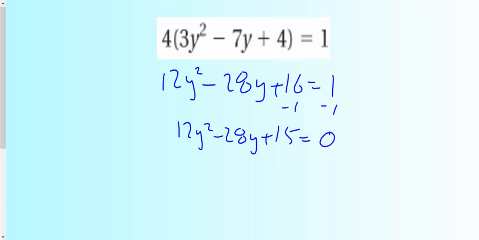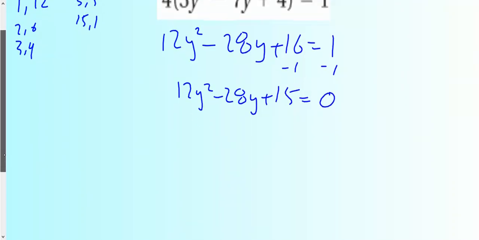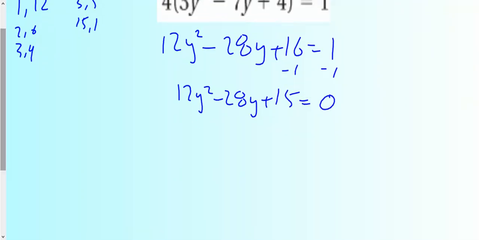And the reason why I want to use grouping here is because 1 and 12, 2 and 6, 3 and 4, all those numbers multiply to 12, and then you have 3 and 5, and you have 15 and 1. Those combinations multiply to 15. So you end up with a lot of combinations if you try to use guess and check using the box. Now you might say, oh geez, 12 times 15, that's a big number.